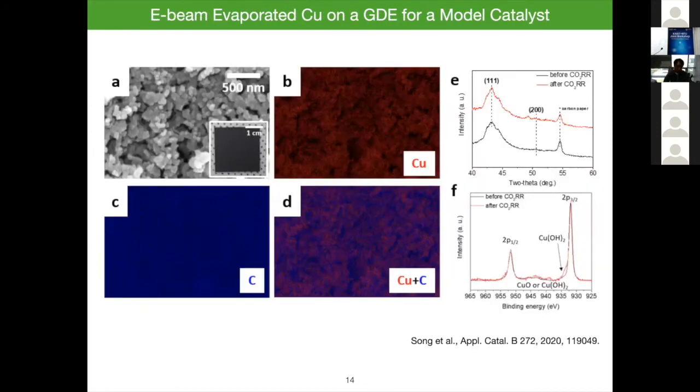Okay, so what we did first, we deposited copper by e-beam evaporation on the porous substrate, on the GDE. Since the substrate is porous, the copper nanoparticles form on the surface uniformly over a very large area.